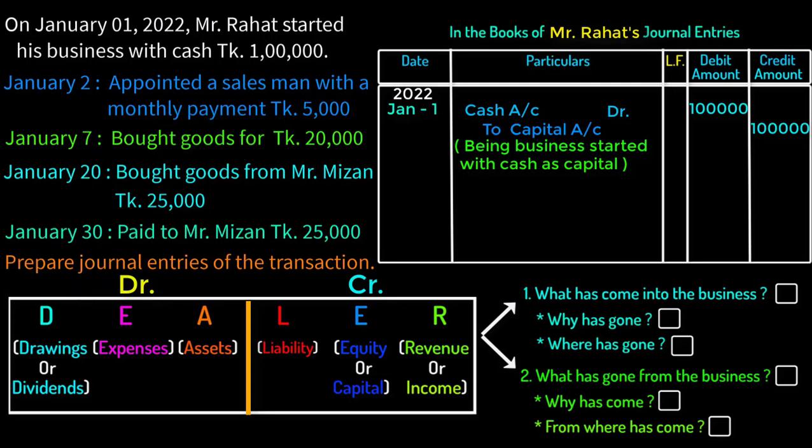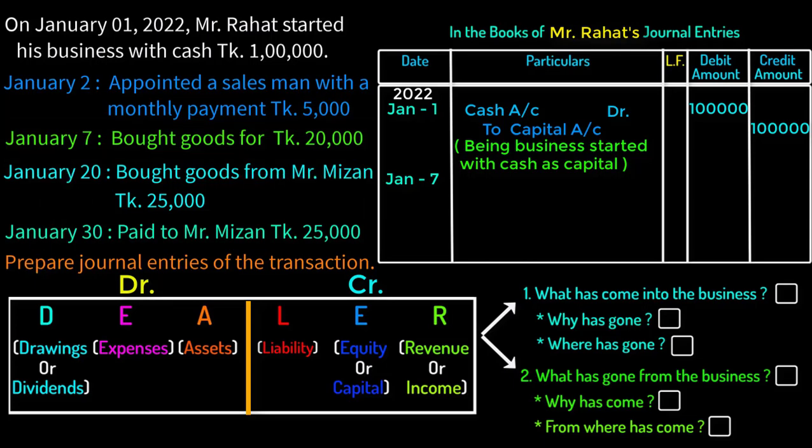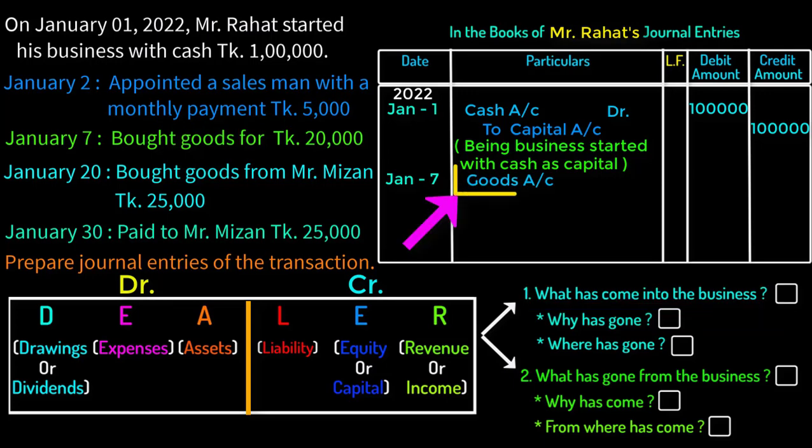Okay, so for this transaction write here January 7 and find out which two accounts are involved with this transaction. Ask yourself, what has come into the business? Goods, isn't it? That means you have got goods account here. As goods account is not acceptable, instead of goods account you will have to write purchase account here.